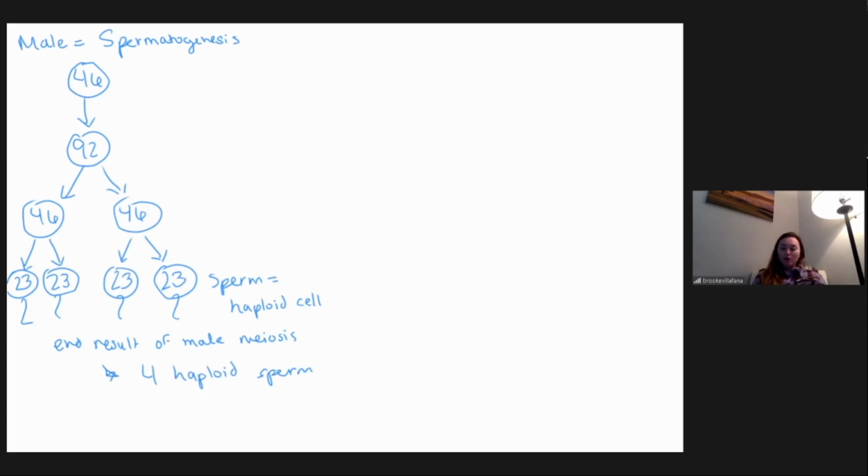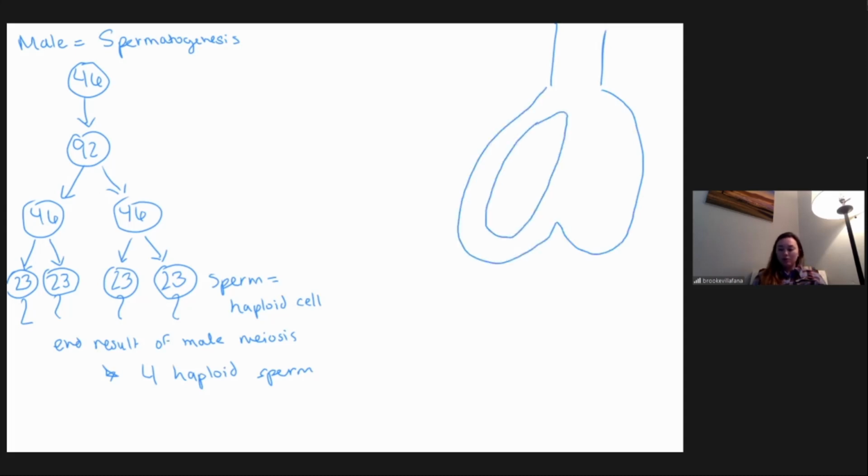And then we talk about a little bit of the anatomy of males so that you guys can answer some questions about how sperm is stored in the testes. So this is the testes. Inside each testis, we have little empty houses, and we call those empty houses lobules.